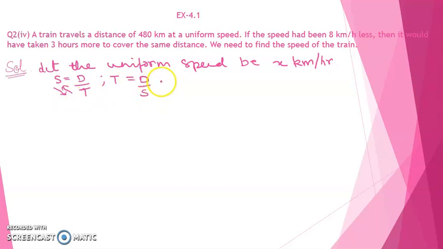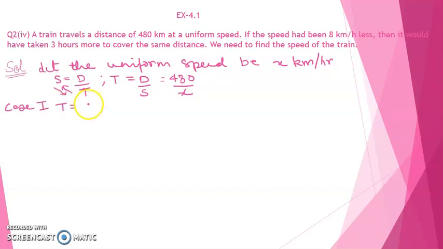Now see what is given in the question. Okay, so case 1 we can take. Case 1, it is saying that a train travels a distance of 480 km at a uniform speed. So distance is what? 480 km. What is the speed we have taken? x. Okay, so this is your case 1. So time is equal to distance upon speed.